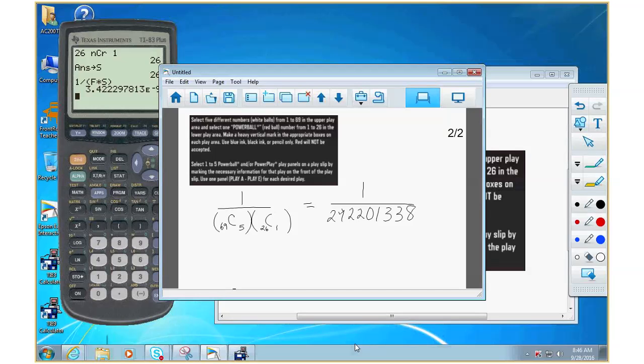Is that right? So 1 over 292,201,338. You've got a better chance of getting hit by a bus when you walk out of the parking lot.